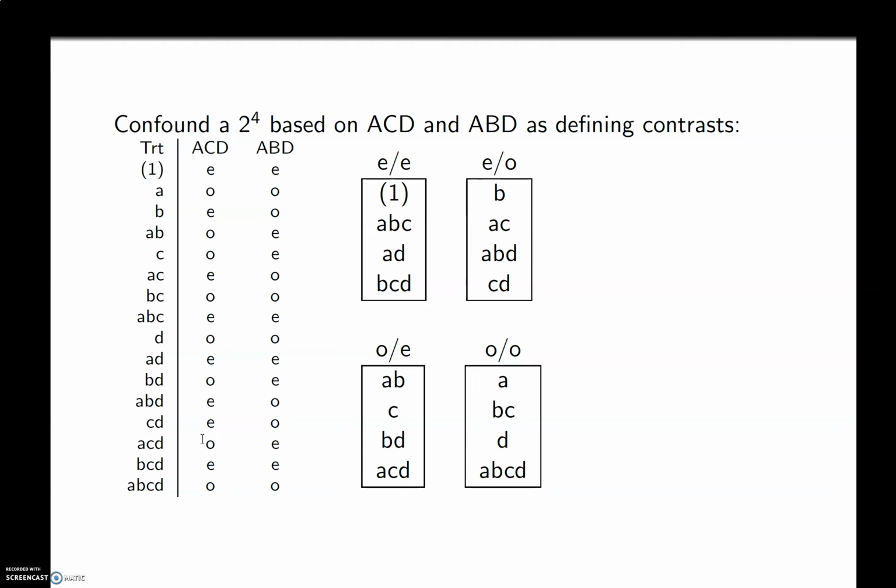Remember, the defining contrasts are just those contrasts we're willing to throw under the bus. So I can't say ACD and ABD are always going to work for 2 to the 4. No, it depends on what you're assessing in your 2 to the 4 experiment. So don't pay inordinate attention to why I picked ACD and ABD as my defining contrasts.